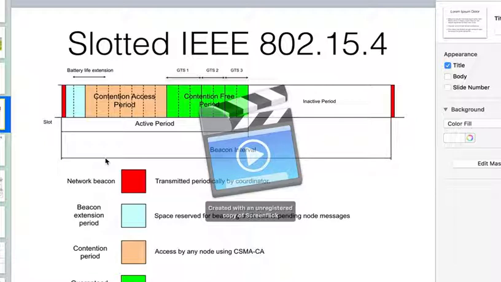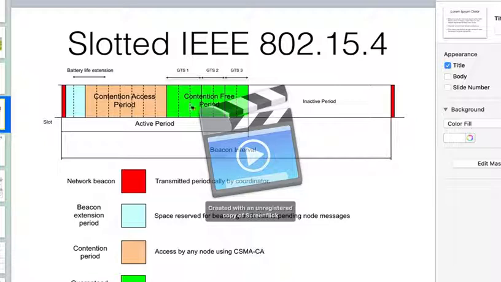and the beacon interval has two parts. The first part is the active period, and the inactive period, that is optional. And the active period of the superframe further consists of a contention access period and a contention free period.